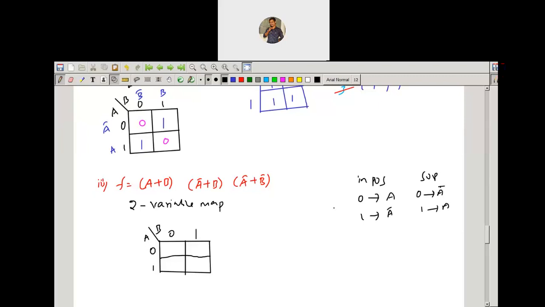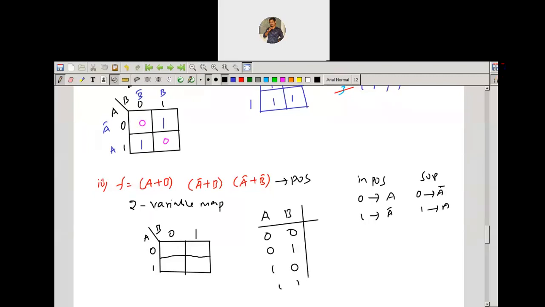Okay, so here you can observe the terms. This one is a POS, product of sums, and you are having a plus b and a bar plus b and a bar plus b bar. That is, you are having input variables A, B, and possibilities are 0 0, 0 1, 1 0, 1 1.